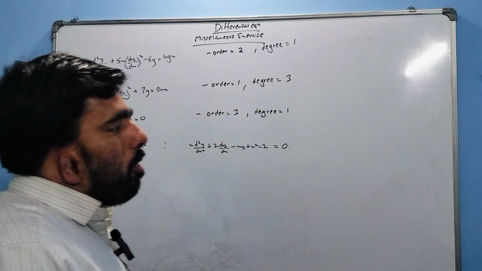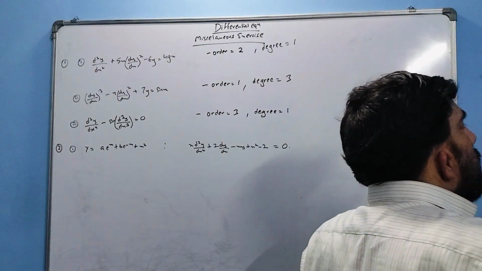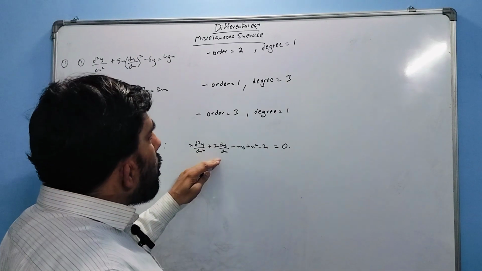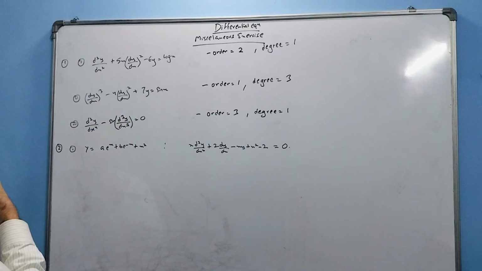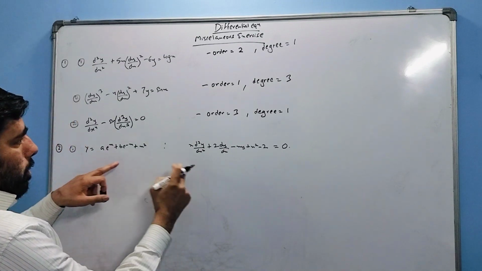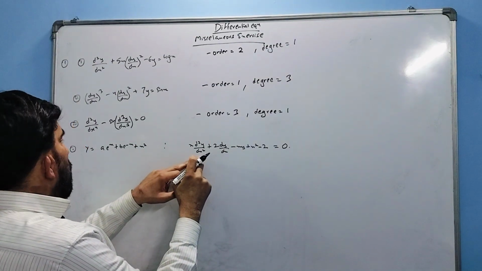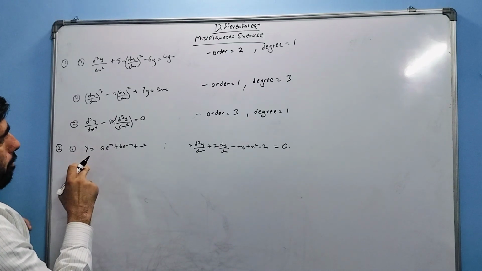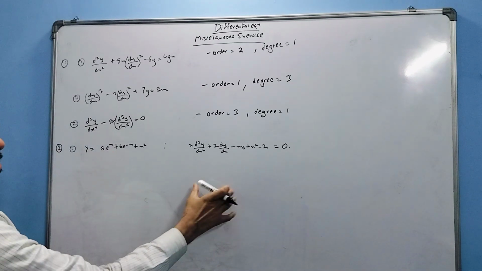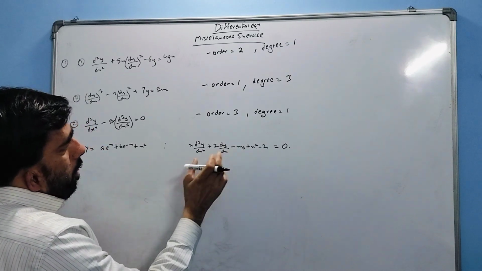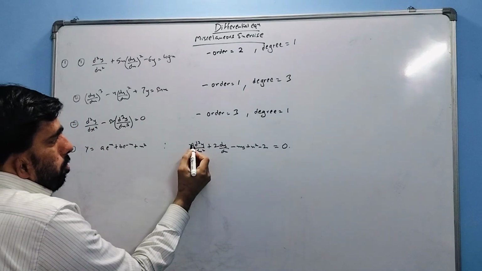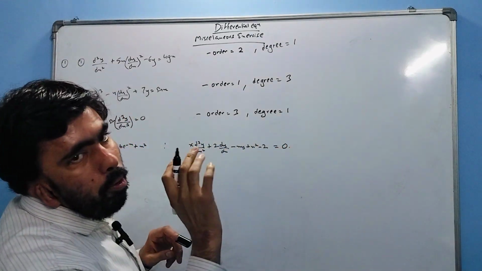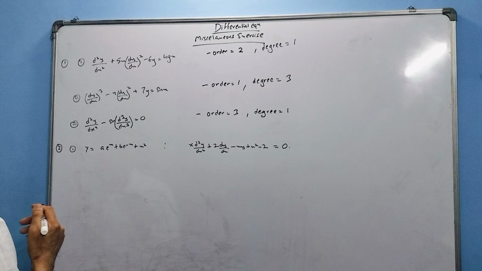Let us see whether it is a solution of this given differential equation or not. How to find? First we need to find dy upon dx and d2y upon dx square, so that after differentiating twice, we'll put the values here, solve it, and check that it has to be 0.